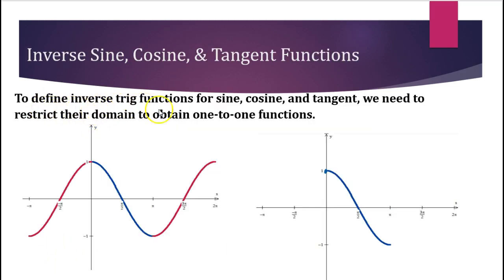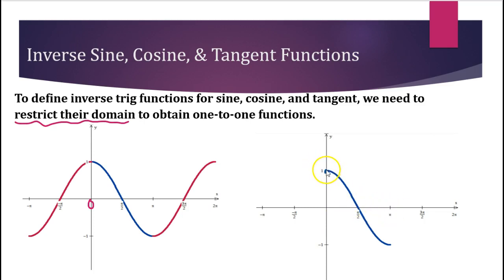To define inverse trig functions for sine, cosine, and tangent, we need to restrict their domain to obtain one-to-one functions. So the regular cosine function definitely had a problem. It was not one-to-one. But if we take the portion from just 0 to pi, looking at this blue piece here, this piece is definitely 1-to-1.